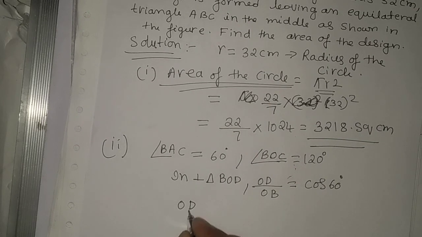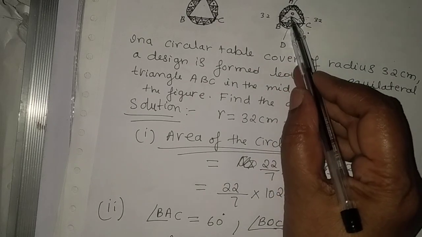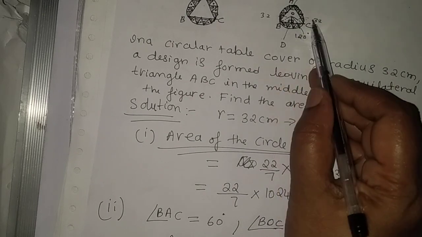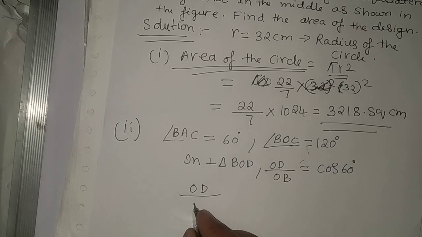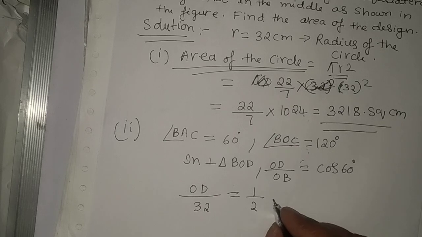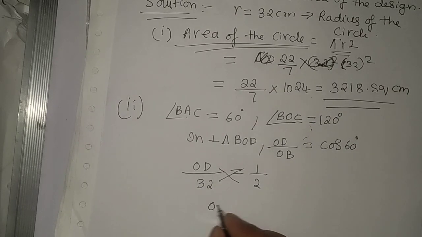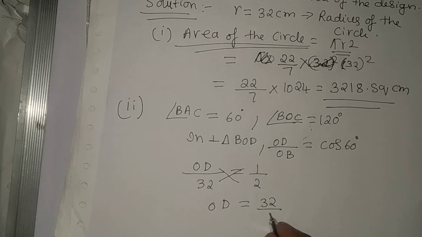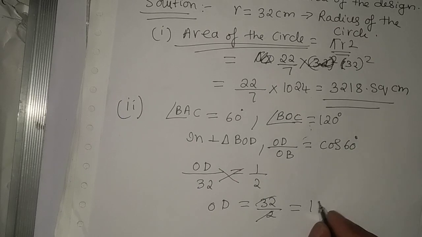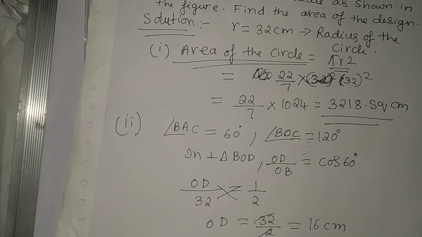Therefore OD by OB, where OB is the radius 32 centimeters, is equal to 1 by 2. Cross multiply this, so we'll get OD equal to 32 by 2, that is 16 centimeters. So we calculated OD as 16 centimeters.